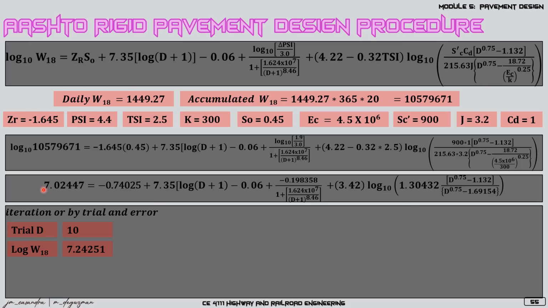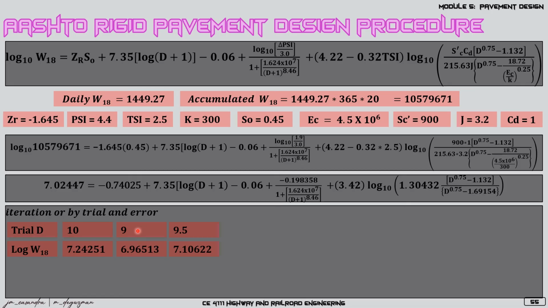So let's try other values. Let's say 9. So substitute 9 in our equation. We'll arrive at 6.96513, which is lower compared to this value. So meaning, our value of D will be between 10 and 9. So let's have the midpoint of 10 and 9, so 9.5.